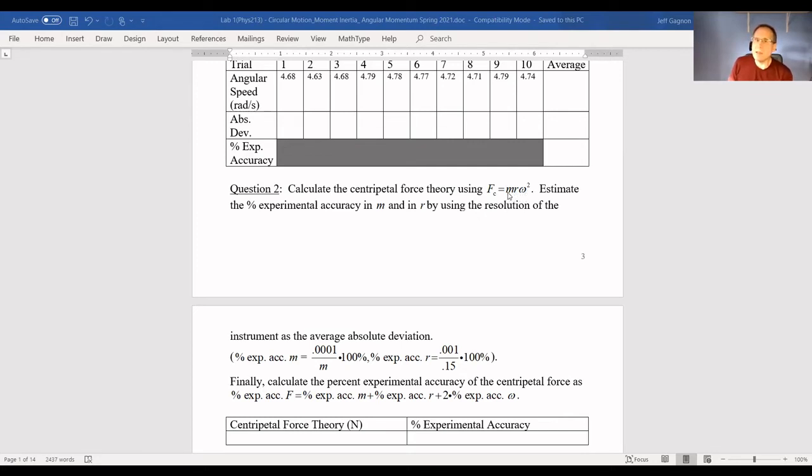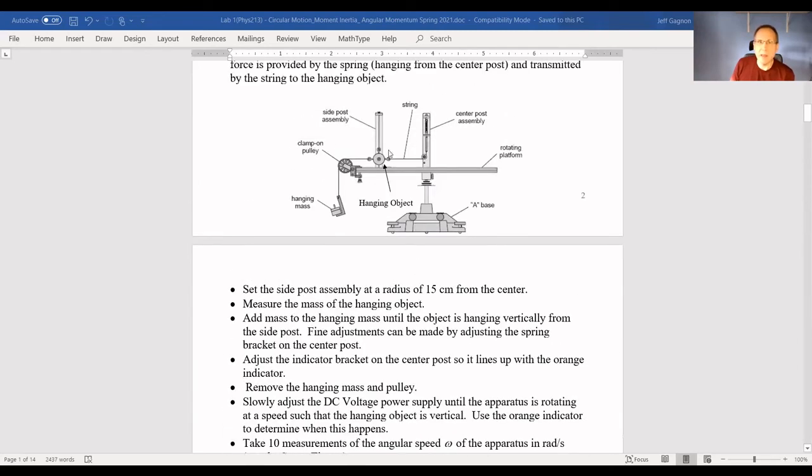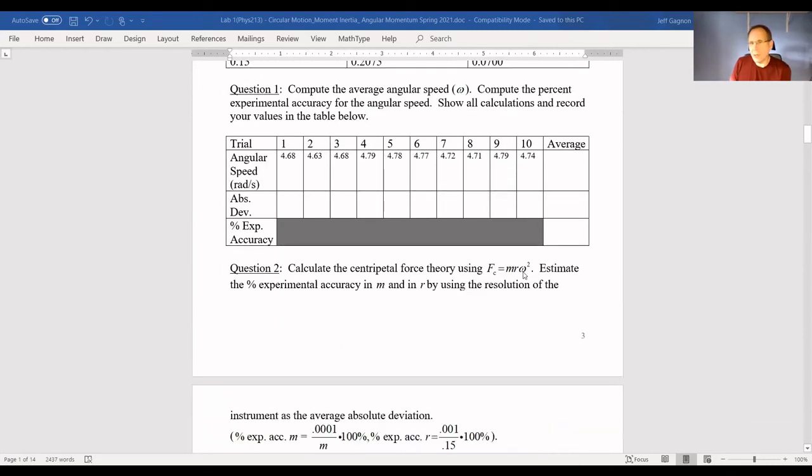The m here is the thing being spun around, the mass of the hanging object, so the m here is 0.2075. The r was given, the radius, 0.15, and then you can use your average omega for your omega here. So that will be the centripetal force theory.